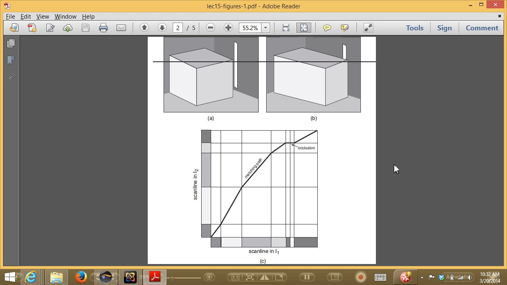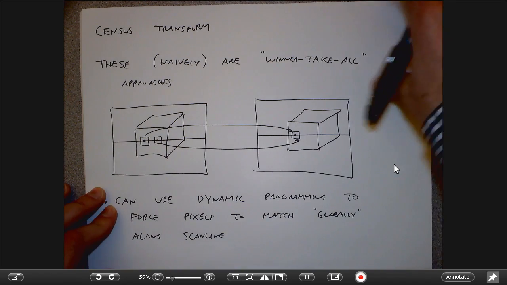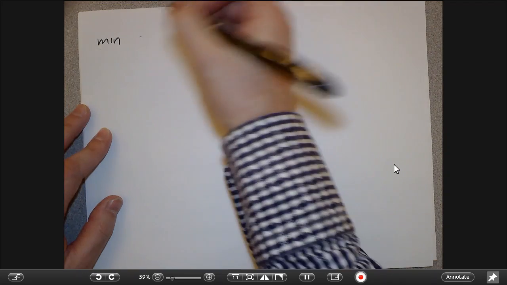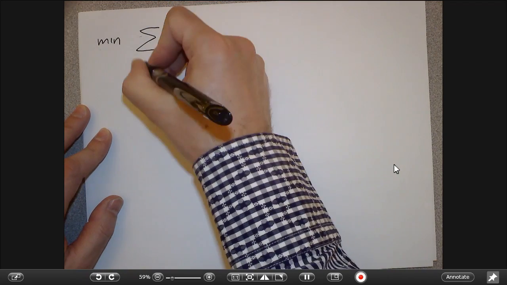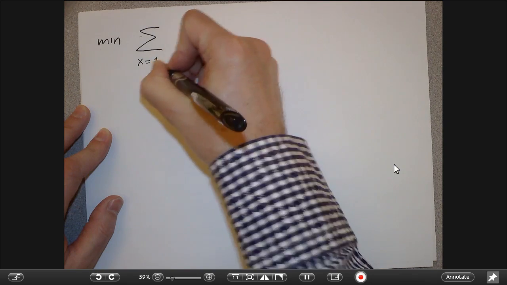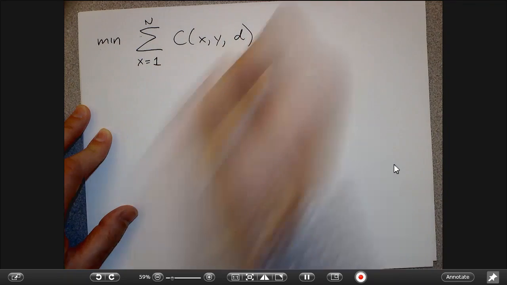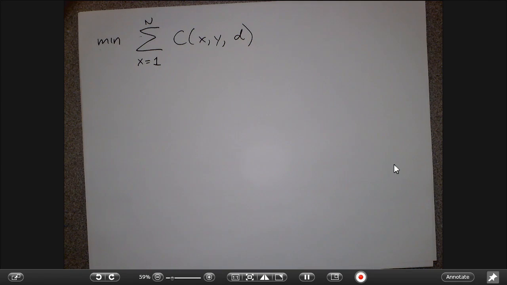What I want to do is minimize, from the left-hand edge to the right-hand edge, the cost of each of the pixels and the guess about the disparity.